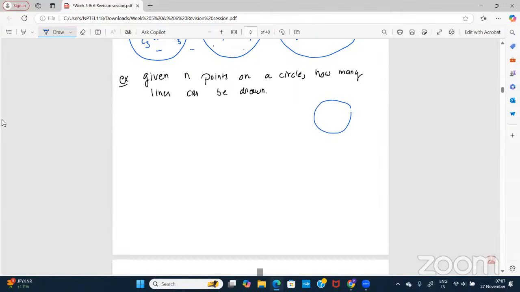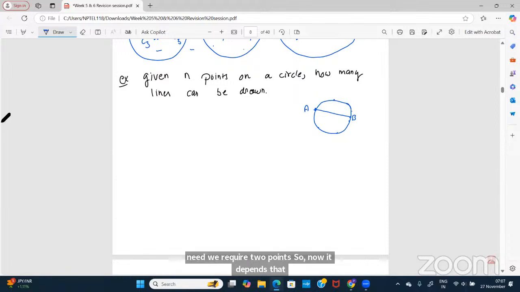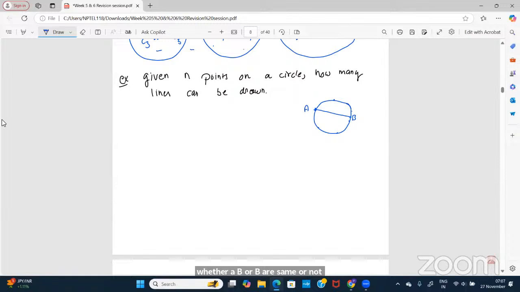Yeah. So suppose this is a circle and there are n points on it. For making a line, we need 2 points, right? But now it depends on whether AB and BA are the same or not. Generally, if you're asked to make a line segment, then AB and BA are the same.